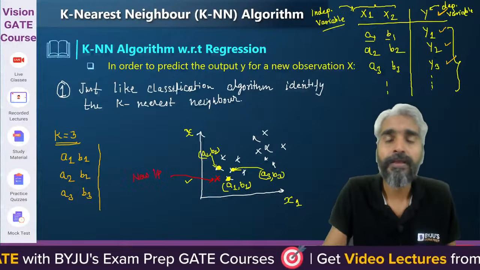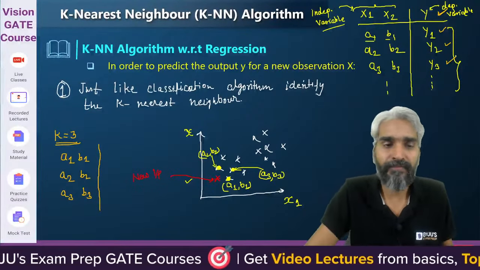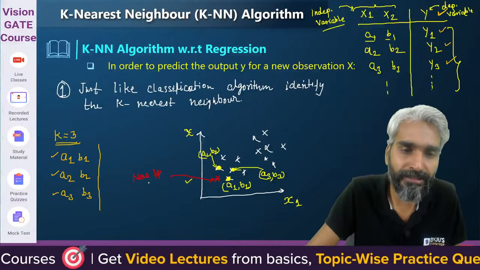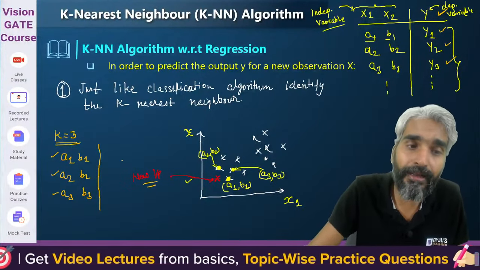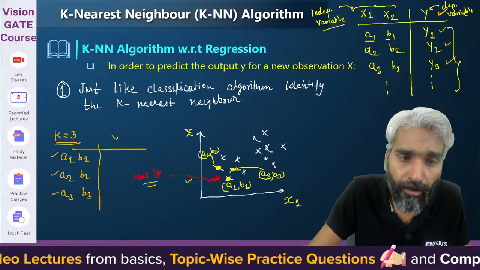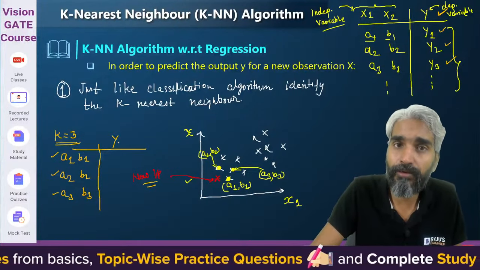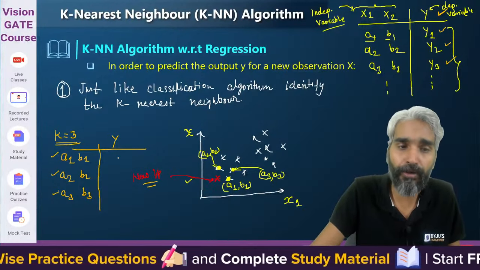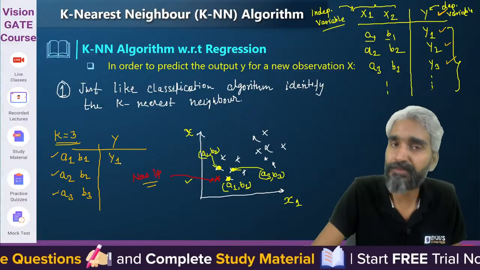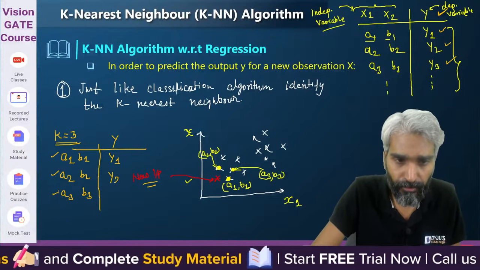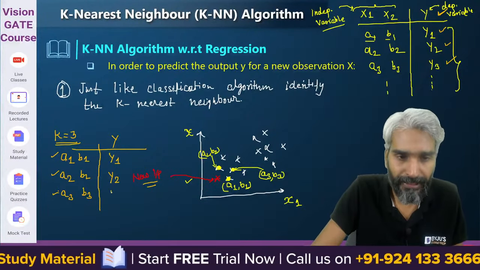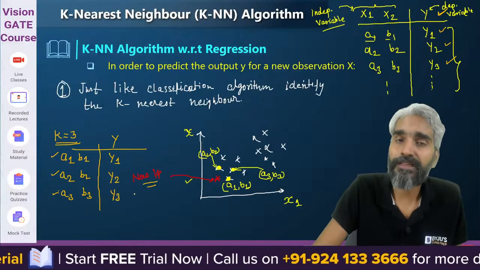If these are the three neighbors to this new point, then we already know the value of y corresponding to these three neighbors. The value is y1 with respect to one neighbor, y2 with respect to the second neighbor, and y3 with respect to the third neighbor.